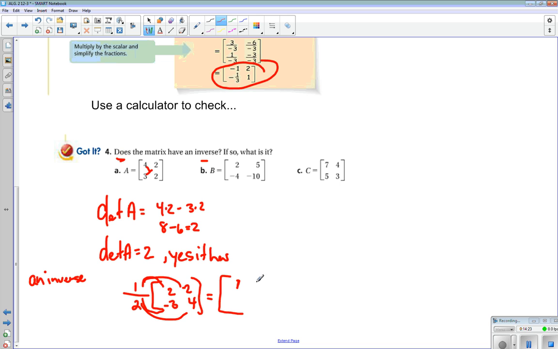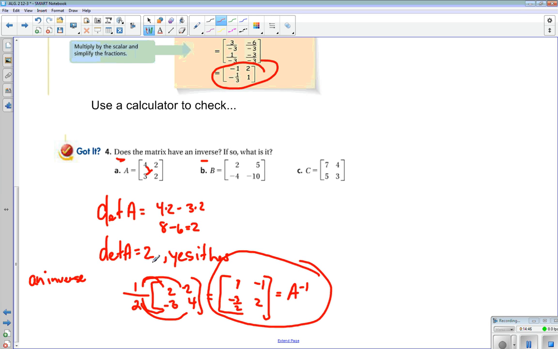Negative 2 times 1/2 is negative 1. Negative 3 times 1/2 is negative 3/2, also can be written as negative 1.5. And then 4 times 1/2 is 2. So this is the inverse of A. And that is how that goes.